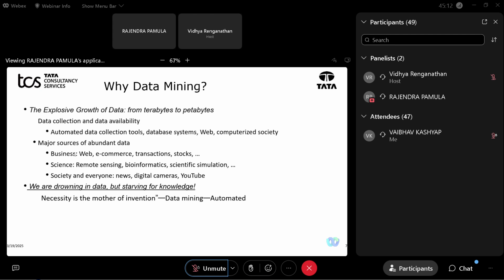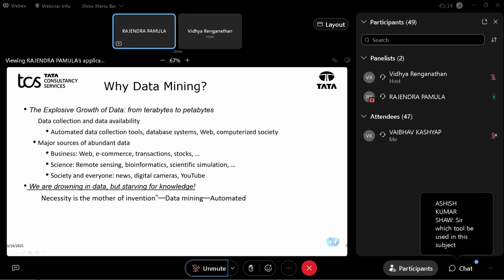That is what the solution is. Necessity is the mother of invention, which we call automated data mining. Automatically, we use data mining techniques to give knowledge from the data we have.